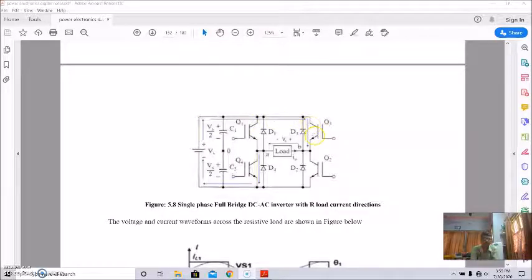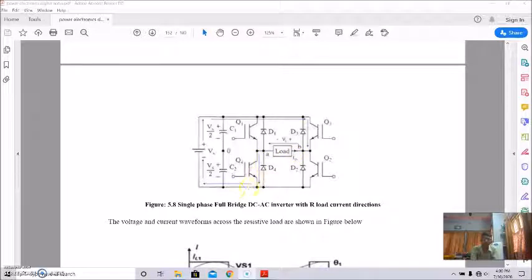This is switch 3, S3 or Q3. This is closed. So current coming here, at this node B, can't go here because this is off. So this is the load, current is flowing from B to A. Then this switch S4, this is Q4, this is closed.